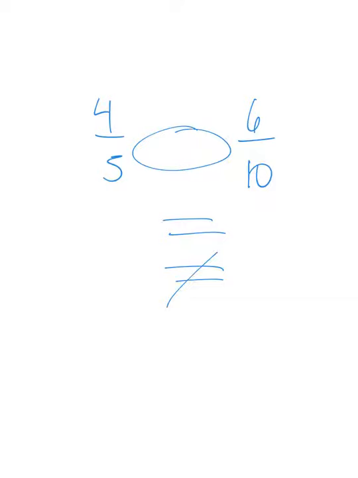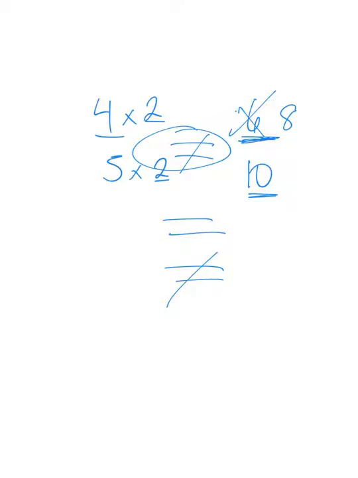So they just need to think to themselves, is there something I can multiply 4 and 5 by, the same number, to get these numbers? Well, I know 5 times 2 is 10, but is 4 times 2 6? No, 4 times 2 is 8, so this would not be equivalent.